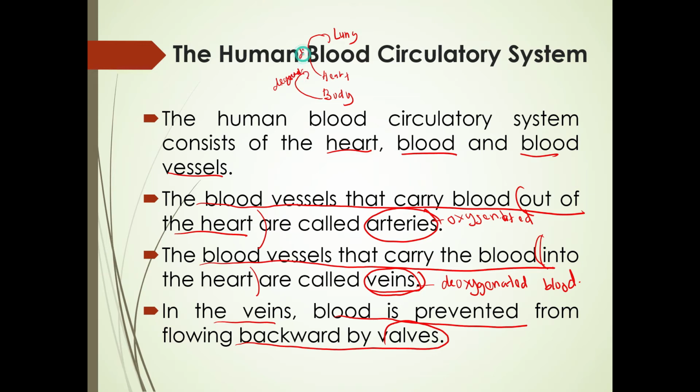Then the lung will send it back. After it goes to the lung it becomes oxygenated blood, so the oxygenated blood will go back to the heart. Then the heart will pump it to the body. So this is the cycle.